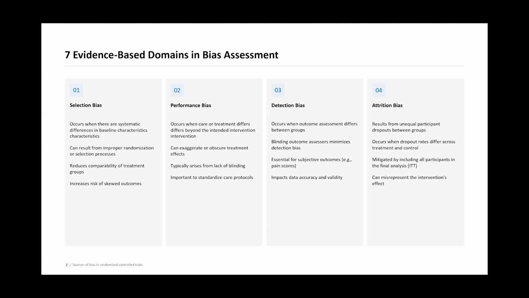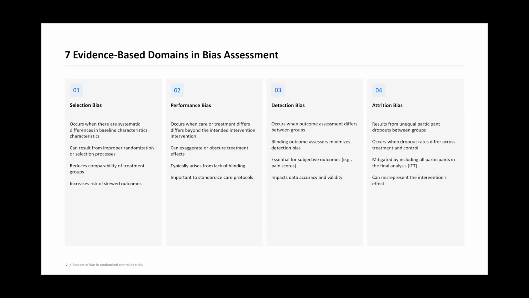To minimize performance bias, we use blinding techniques, in which neither participants nor personnel know which group the participants belong to. We also standardize care in the protocol to ensure all participants receive the same level of care, regardless of the group.